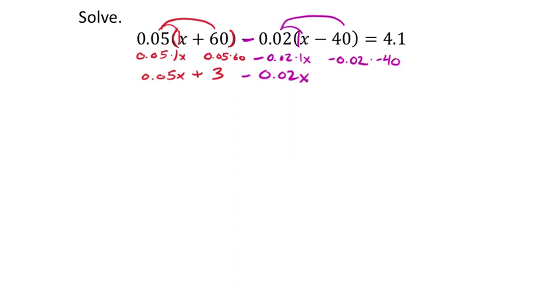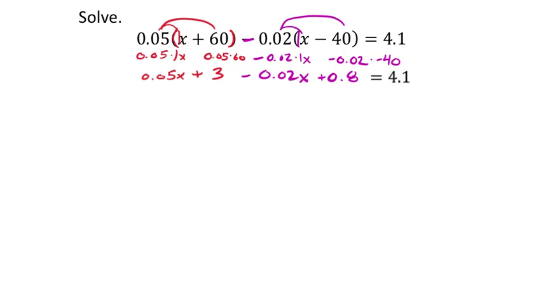In the calculator you get a positive, so I put a plus sign, 0.8, and this still equals 4.1. That's all of the distribution. Be careful, because the minus signs throw students off.